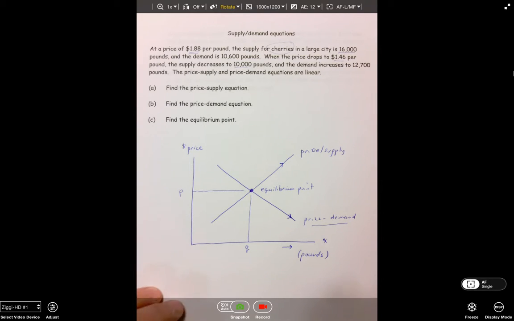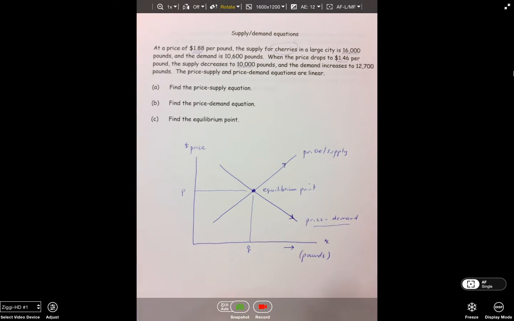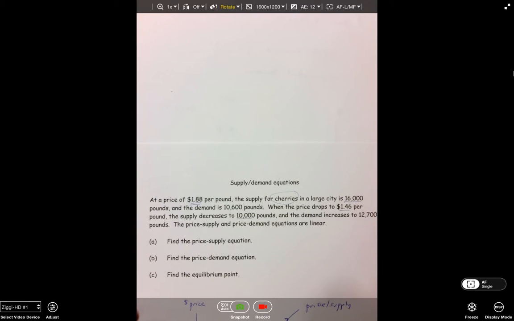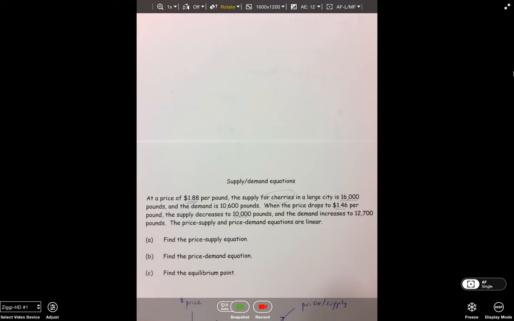So guys, let's play this out. We've got a couple of things going on here. First and foremost, I would want to organize my work so I can put this in the calculator.